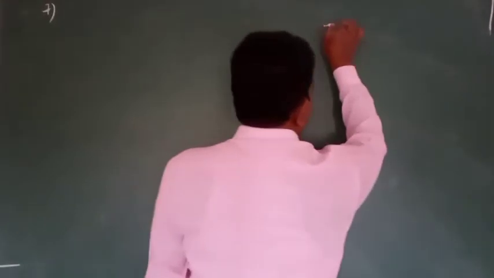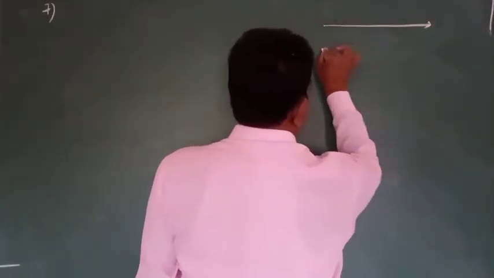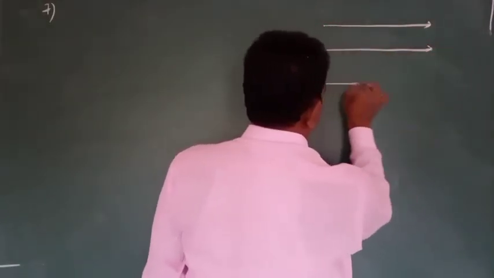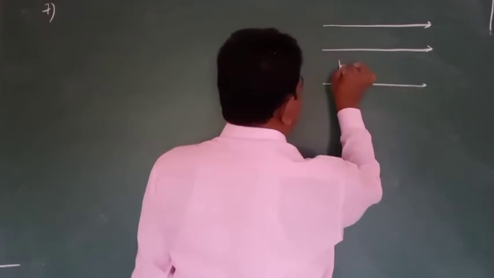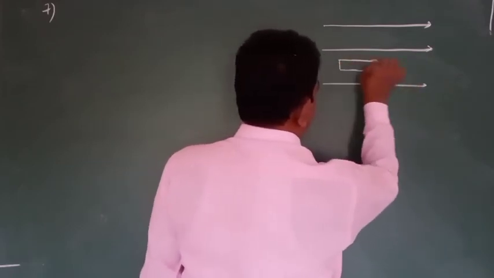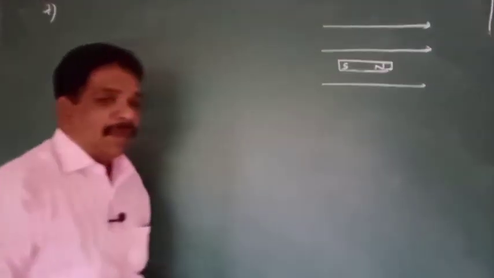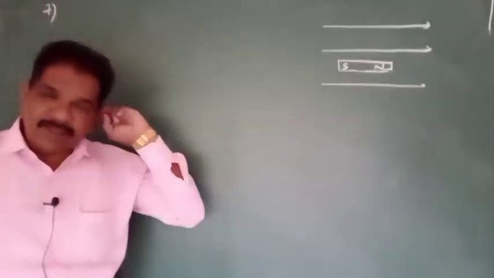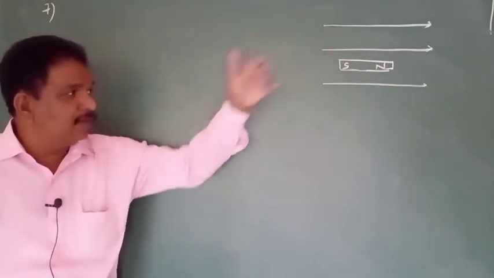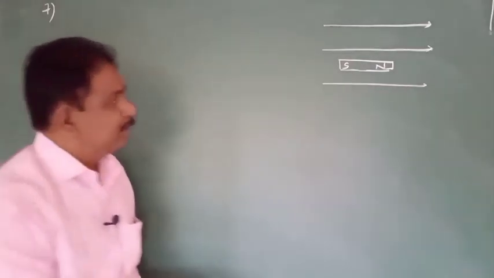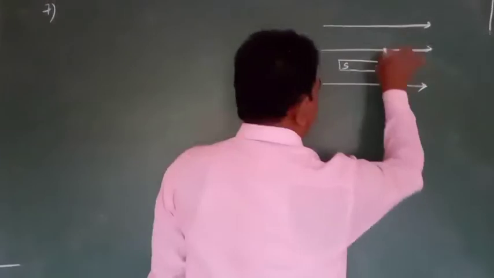Seventh question, what they are asking, see, there is a magnetic field like this. Initially one magnet is placed parallel to the magnetic field. This is the magnetic field.